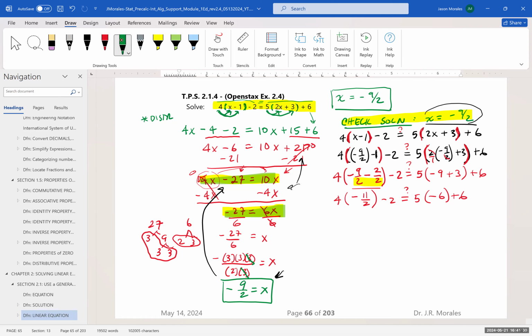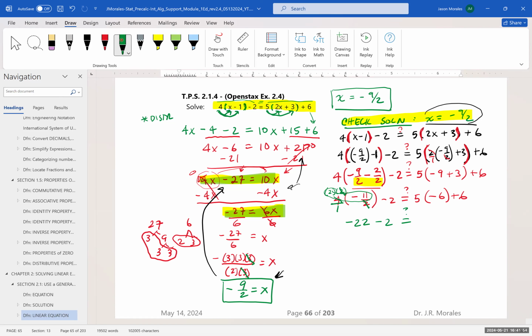All right. We can write 4 as 4/1. And 4 we can think of as the product of 2 times 2. And this 2 and that 2 will cancel. And that leaves us with 2 times -11, which is -22 minus 2.